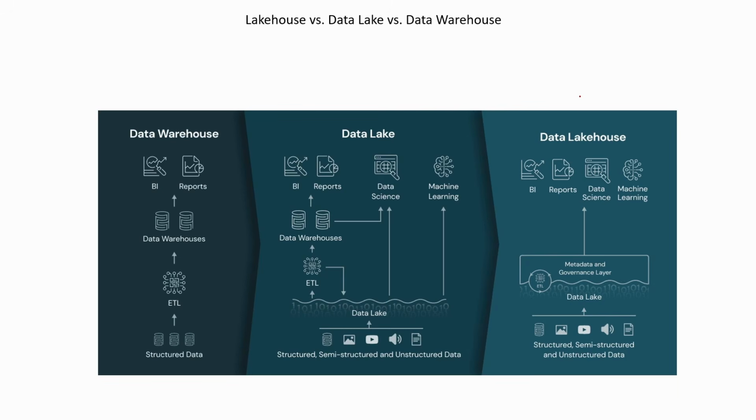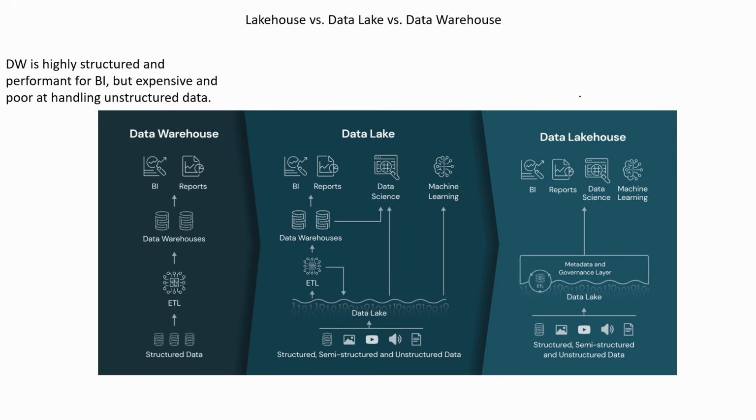Now, if I compare the lakehouse, data lake, and data warehouse very quickly, I know you understood that, but let's just get the gist of the comparison. A data warehouse is highly structured and performant for BI, but expensive and poor at handling unstructured data.